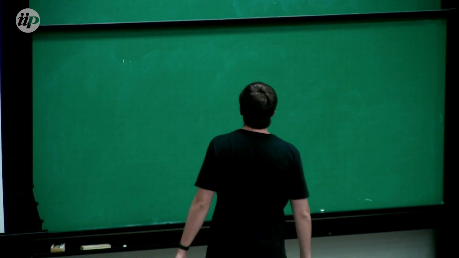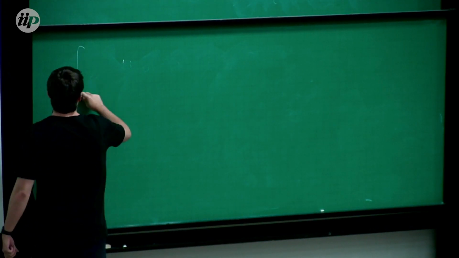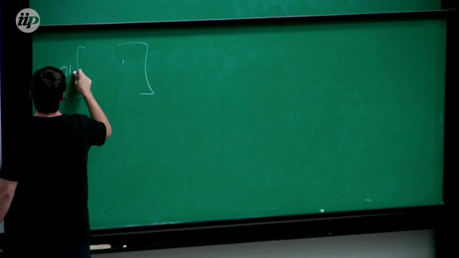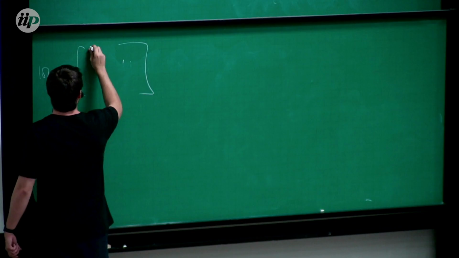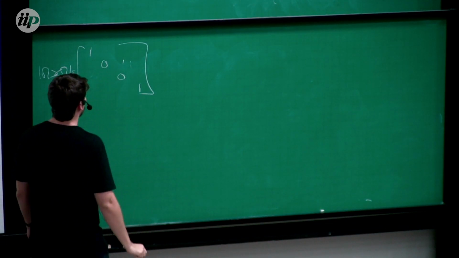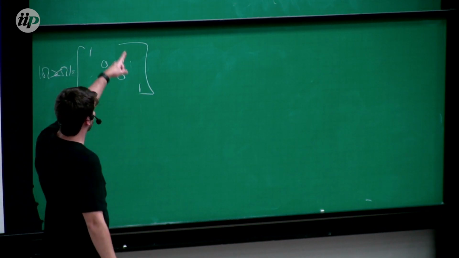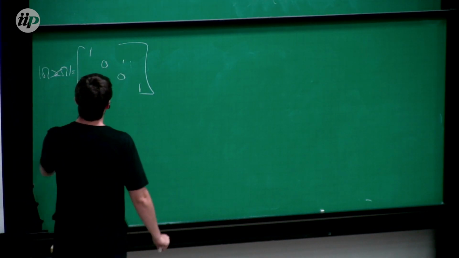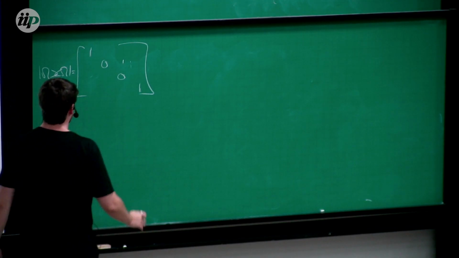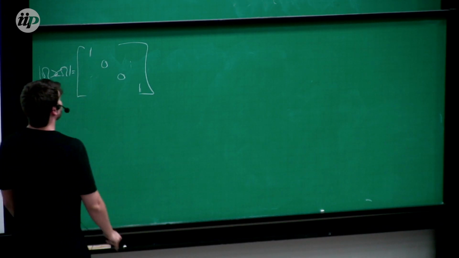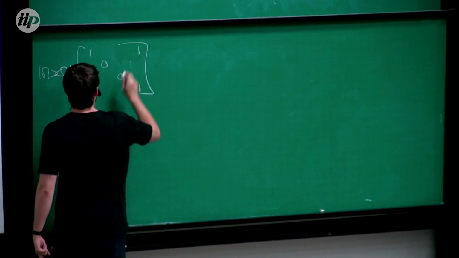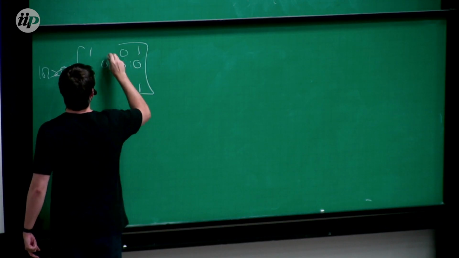So psi was just 1 0 0 1, right? So this is the diagonal. The first term is 0 0 0 0, and then the second term is 0 1 0 1. So it's going to be like 1 0 0 0 0 0.